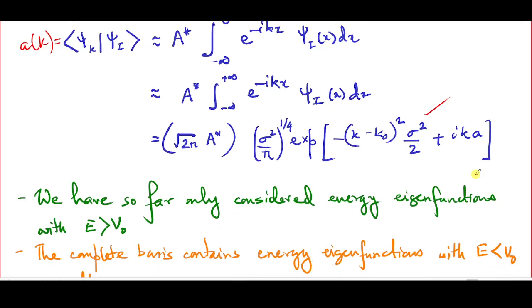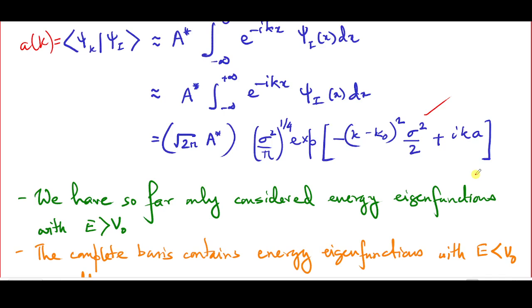Now, one important point. We have said that we need to expand our incident wave function in terms of the energy eigenfunctions. And the reason why this works, of course, is that the energy eigenfunctions form a complete basis for the space of wave functions. However, in order to form a complete basis, we need to take all energy eigenfunctions.